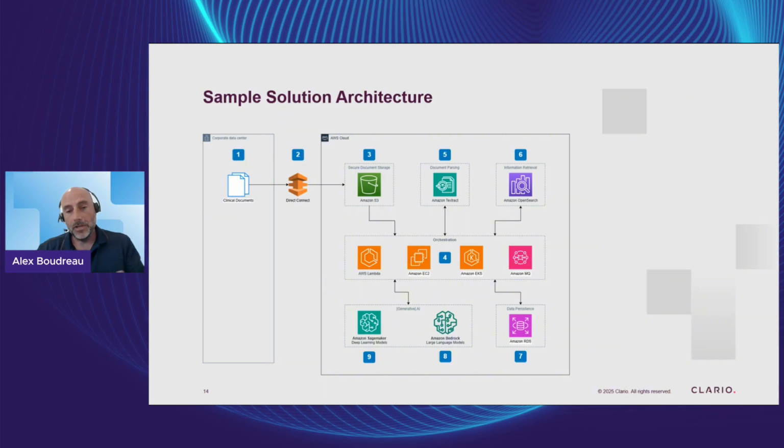And the output of that at the end is a structured output of the document that we can then store in Amazon RDS, for example, for persistence. So overall, a very strong and powerful solution, very flexible. And there's different ways you can approach this, but that's proven to be very effective for us.